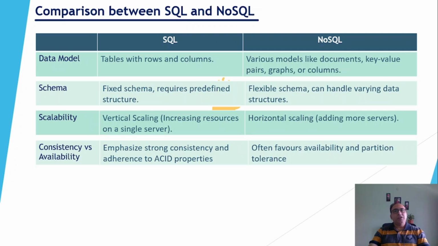NoSQL databases say there may be some compromise in consistency, but in availability and partition tolerance there should not be any compromise. Partition tolerance means that if there is any network partition or any sort of network failure, there should be minimal impact on the database. This is basically supported by NoSQL databases.